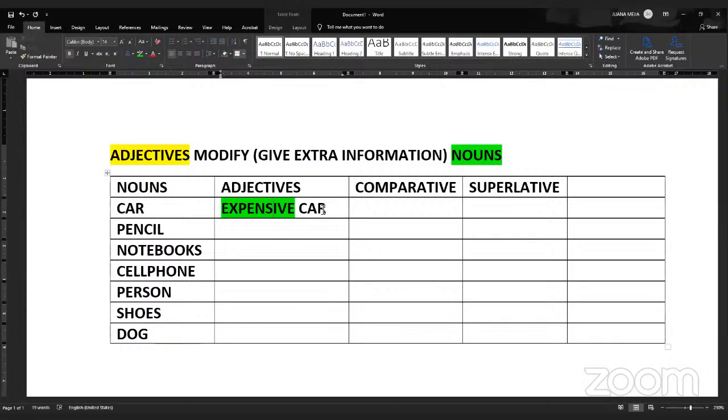The adjective is describing a noun. Number 2: in this sentence we have the adjective long. The adjective long gives us more information about the noun pencil. A long pencil. Long is the adjective.